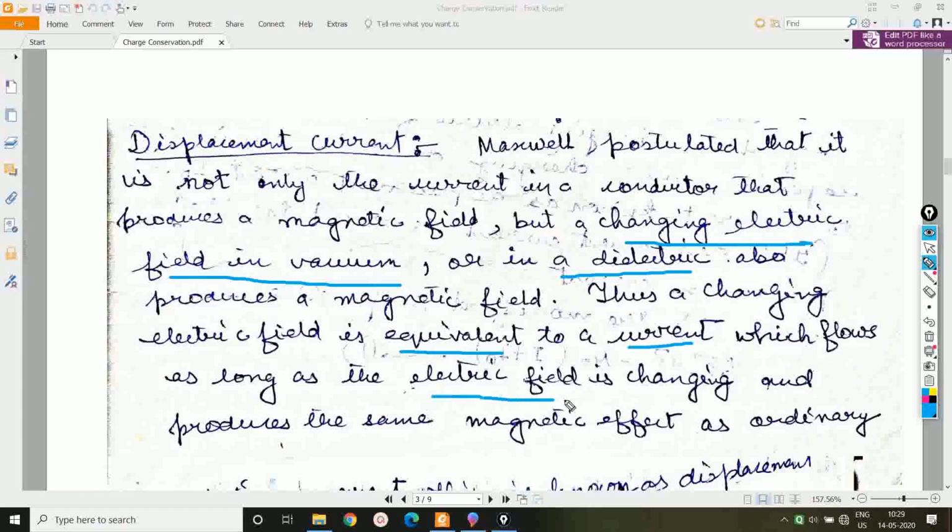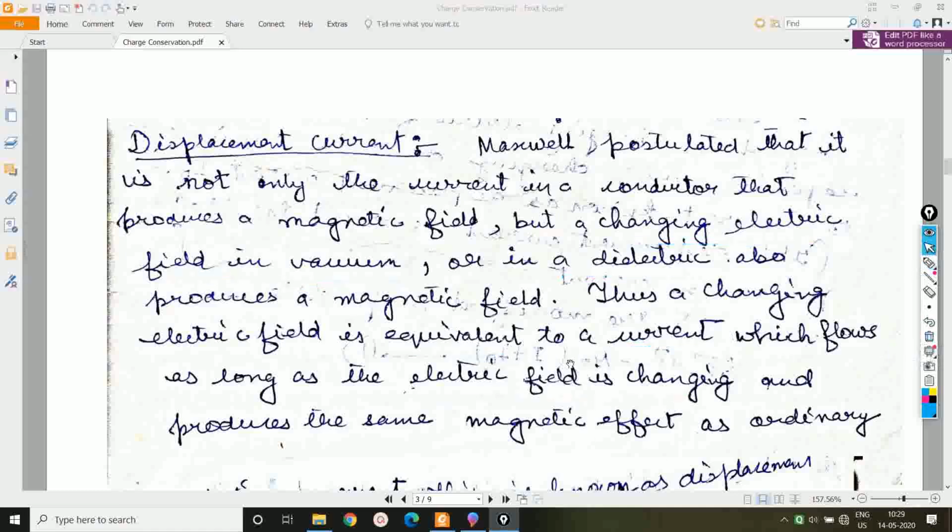So this changing electric field can be thought to be equivalent to a current, and that current will last as long as the electric field is changing. When the electric field disappears, then there will be no displacement current. So as long as you have a changing electric field, there is a magnetic field, and the changing electric field can simply be called equivalent to a current.